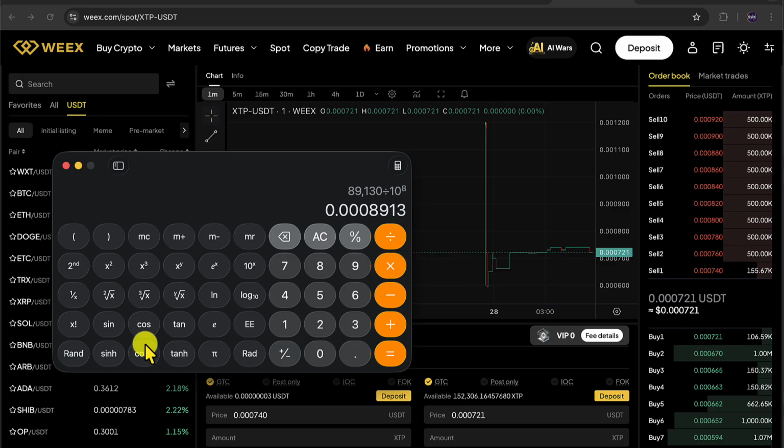So if I was to invert that and then multiply that by 0.000721, it is 0.8 of a sat. Okay, so in Bitcoin terms, I need the price of XTP to get up to more like 12 sats to not feel too bad about it.